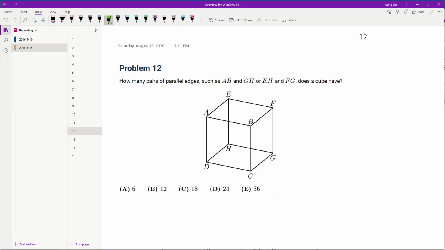Problem 12. How many pairs of parallel edges, such as AB, GH, EH, and FG?